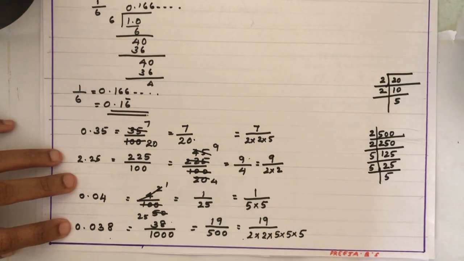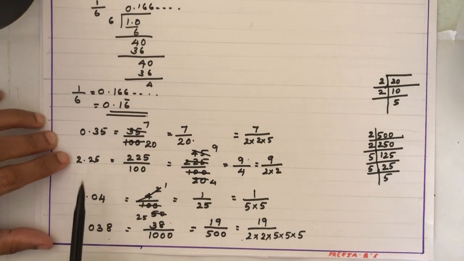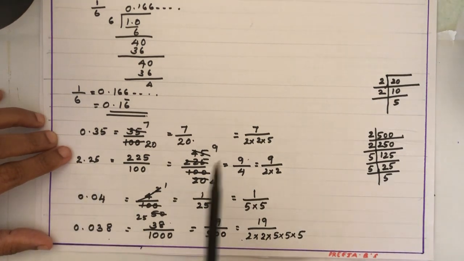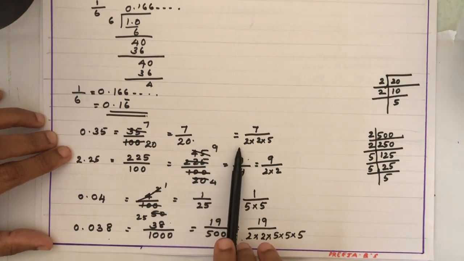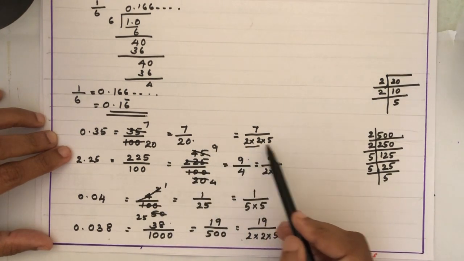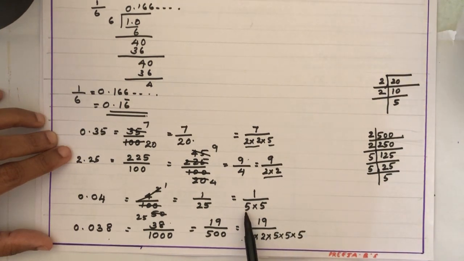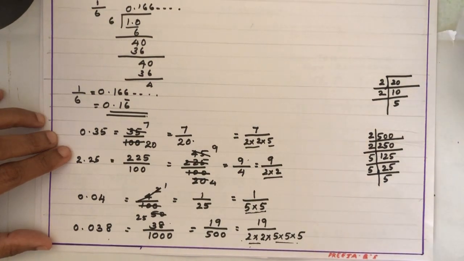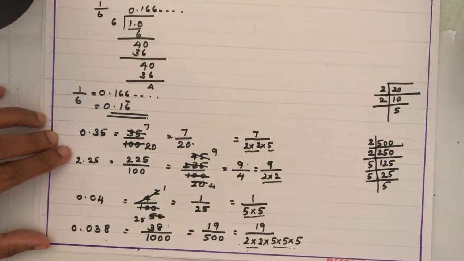Check the denominators. See, if the decimal form is terminating, then the denominator of the rational form will have only 2 and 5. Here only 2. Here only 5. Here again 2 and 5. So what can we conclude?